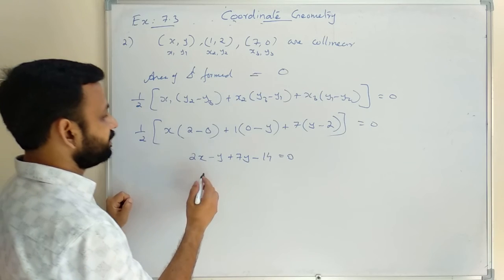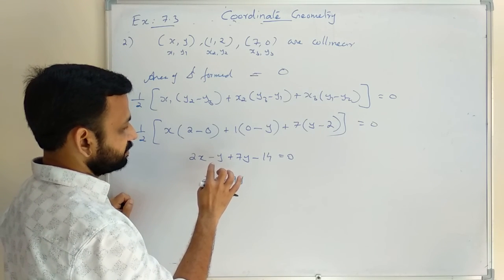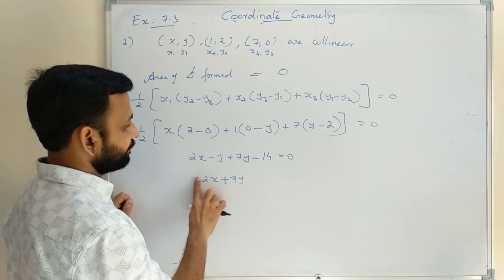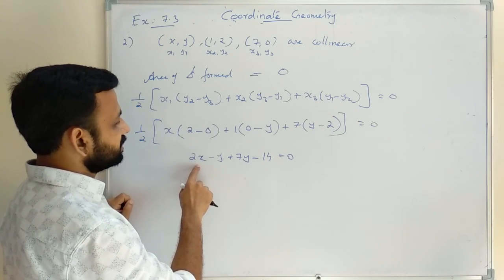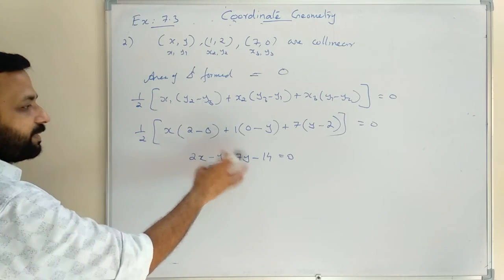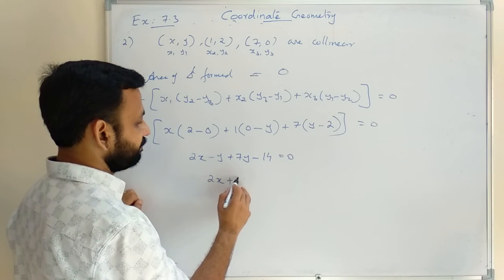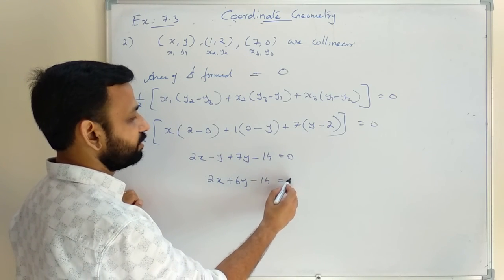Now we can combine: here we have 2x, then minus y plus 7y, that is plus 6y, 2x plus 6y minus 14 equal to 0.